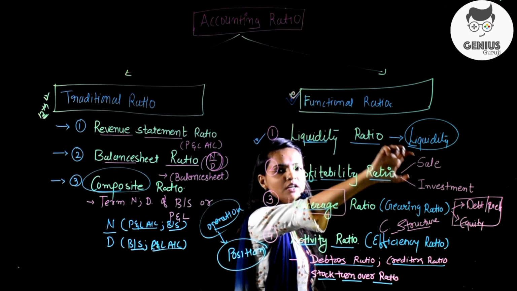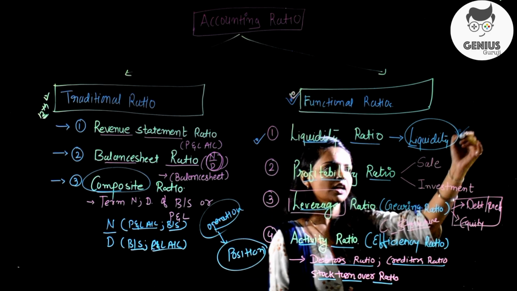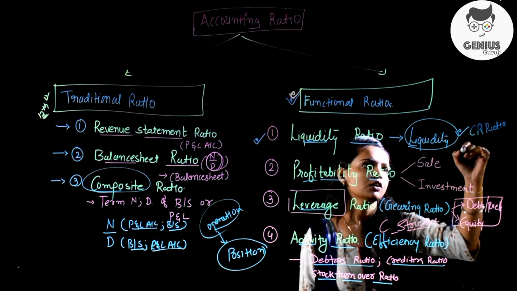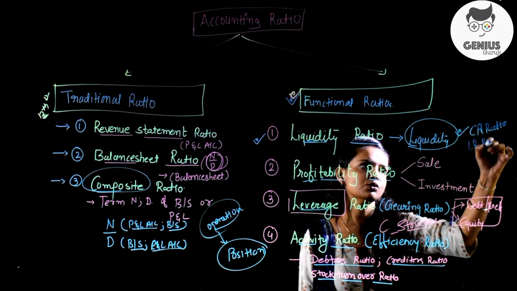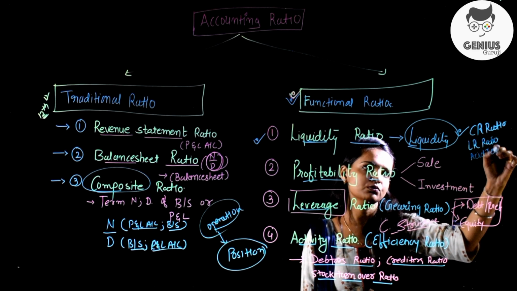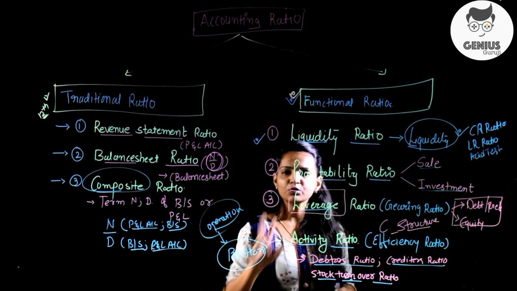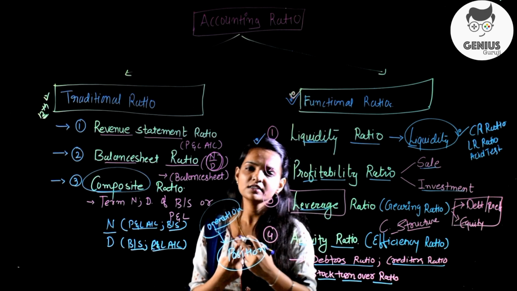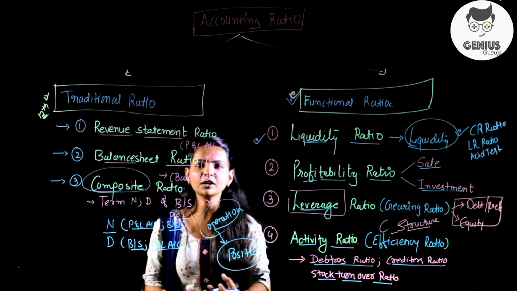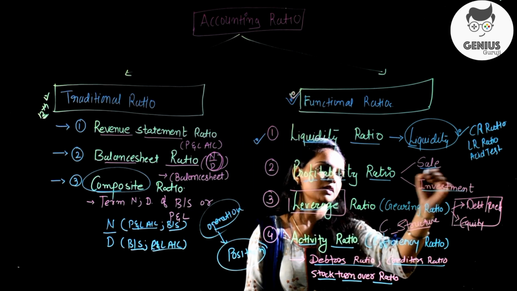First is liquidity ratio, which is analyzing the liquidity position of the company. In that you can mention CR ratio, or you can say LR ratio, that's known as liquidity ratio, or you can say acid test ratio. Now profitability ratio is bifurcated into two portions. First one is sell and second one is investment. That means you are analyzing the profitability of a company with respect to sell and with respect to investment.